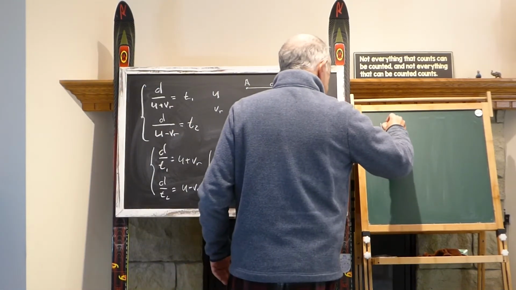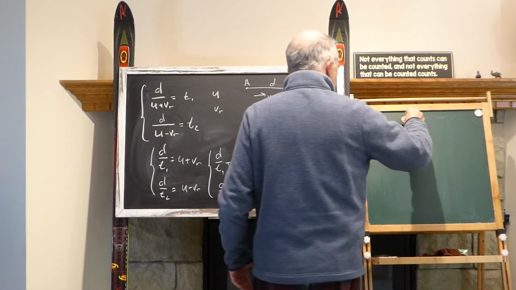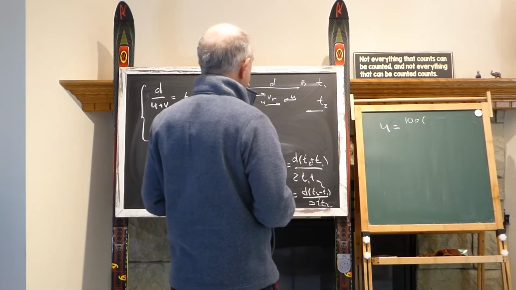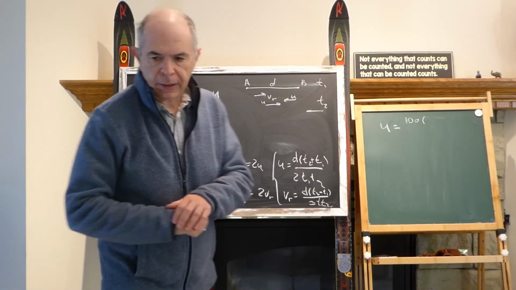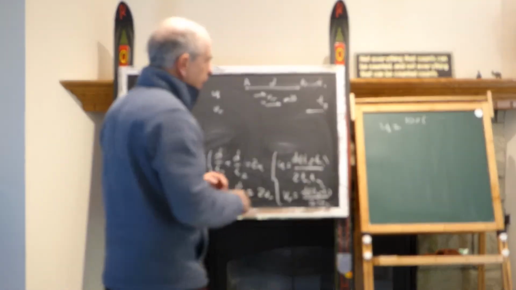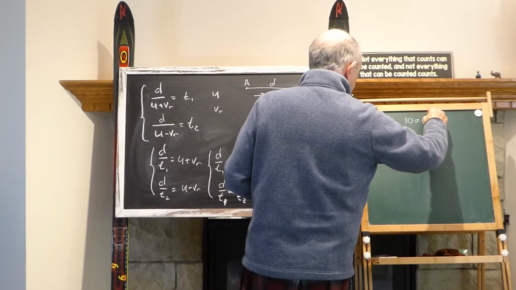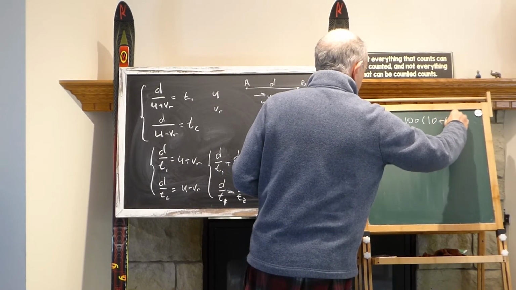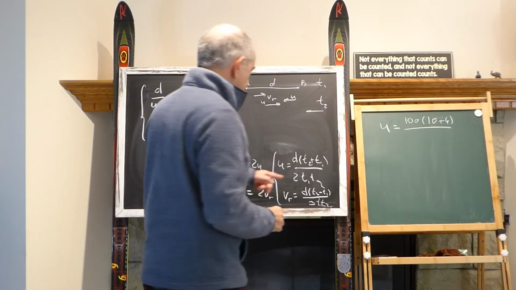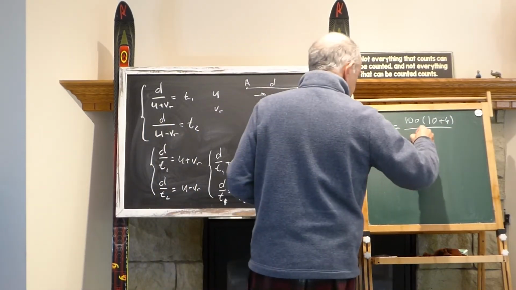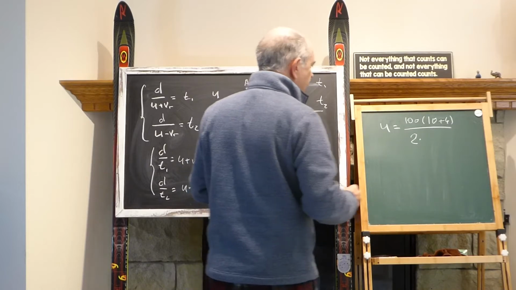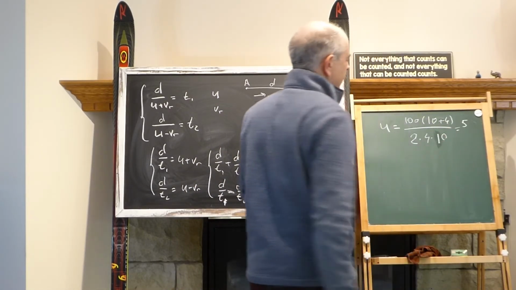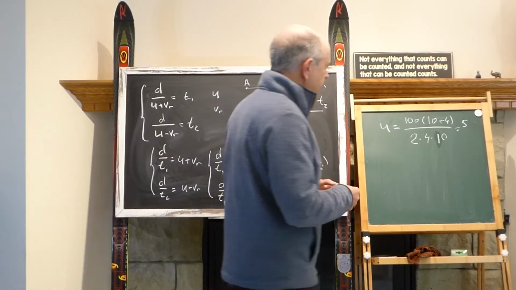And U is the speed of boat, and D is 100. And T2 plus T1, it would be 10 plus 4. And in the bottom we have 2 times 4 times 10. I'm running a little bit ahead of myself.